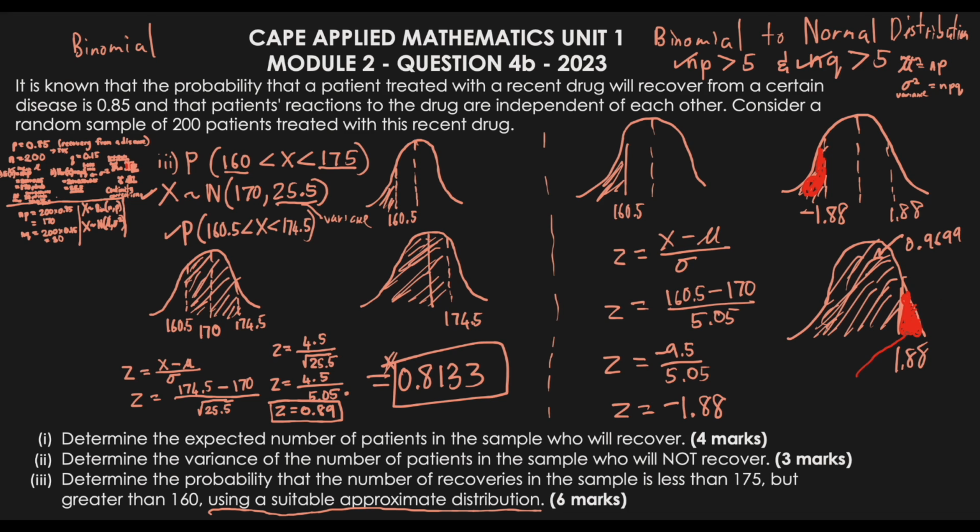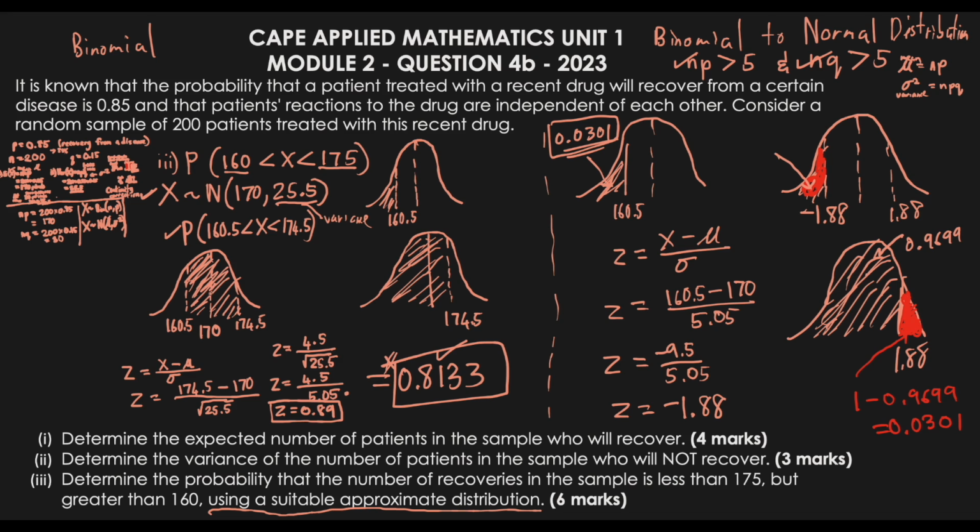Therefore, the area in here would be 1 take away 0.9699, which is equal to 0.0301. So our probability for this piece here is 0.0301.